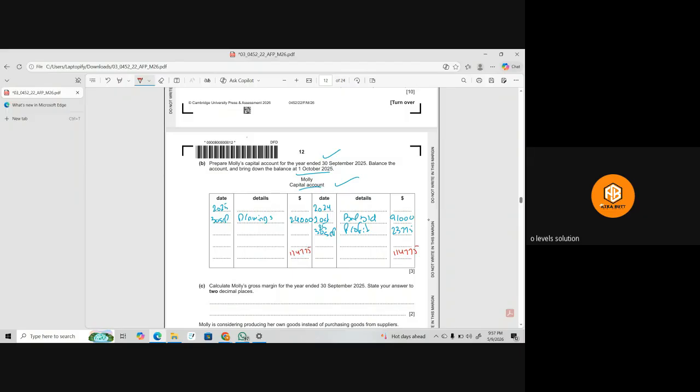So this 30th September closing balance is 90775. This will become the opening balance 1st October 25. That balance BD.